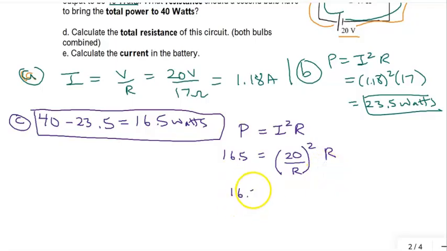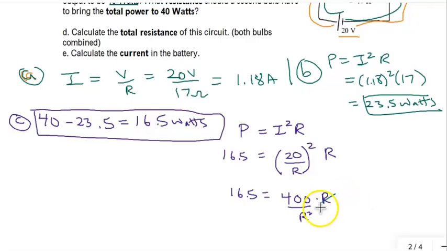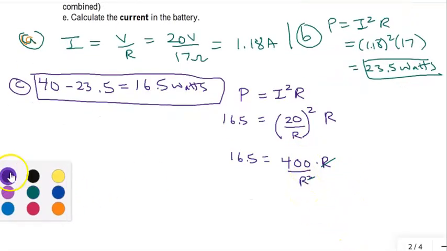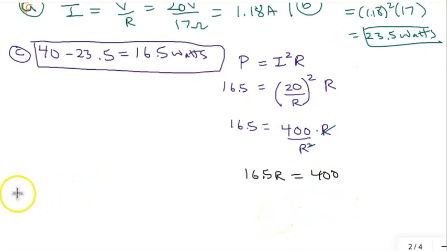Okay, so 16.5 equals 400 over R squared times R. And we can cancel one R. And then I would suggest we cross multiply. So we have 16.5 times R equals 400. And then we divide both sides by 16.5.